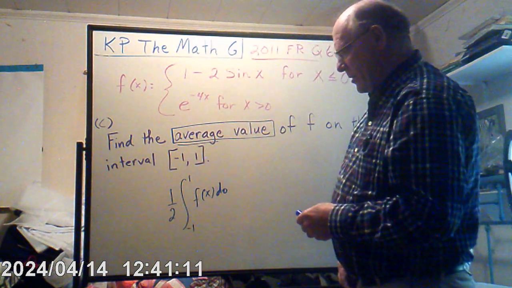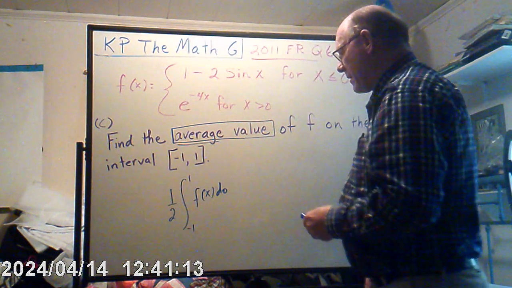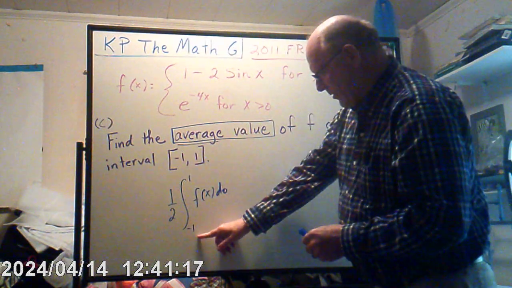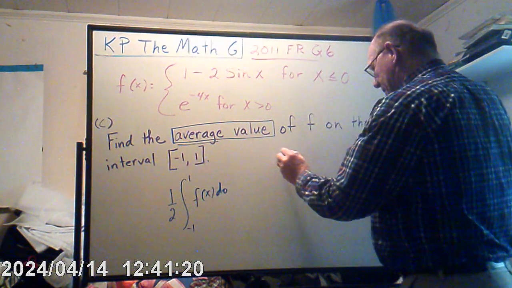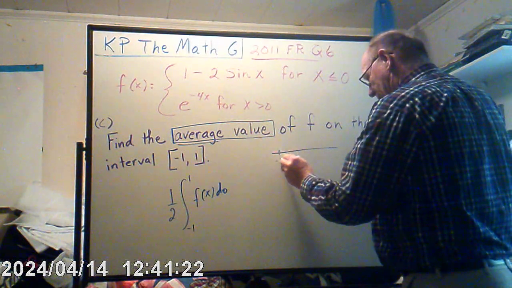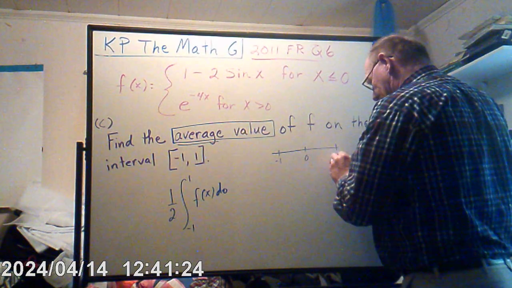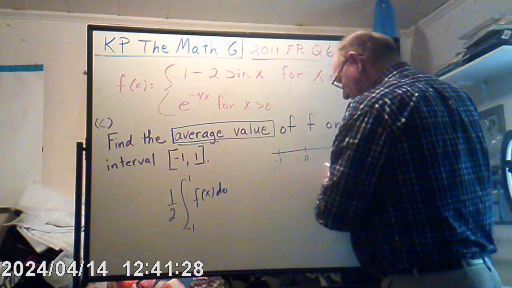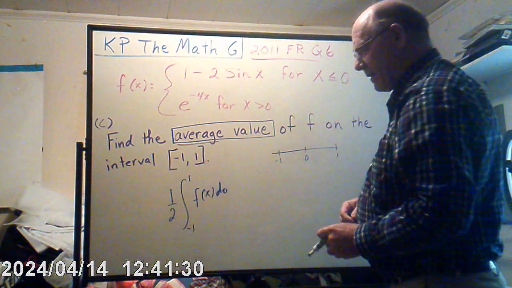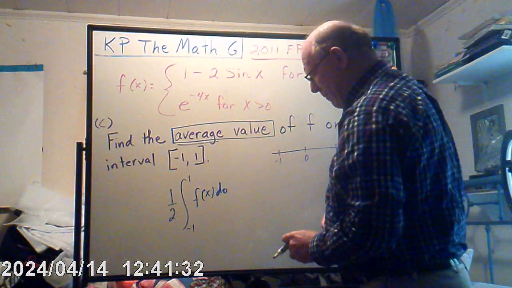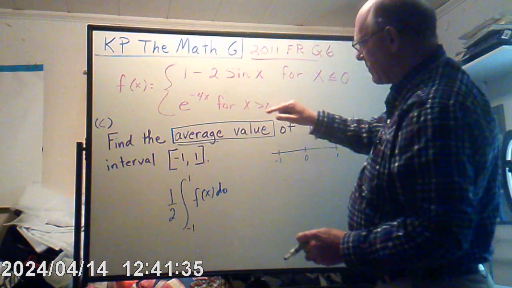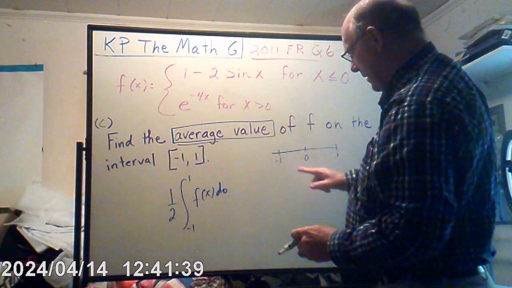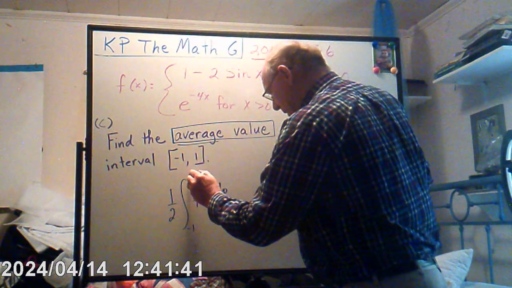Okay, so what we have to do is, since on the number line, let's just take this, here's -1, here's 0, and here's 1. Alright, so there's your 1/2, 2 units away here. Okay, so what do we do here? Well, we got to go from -1 to 0, f at x.